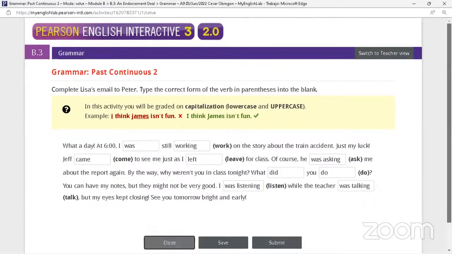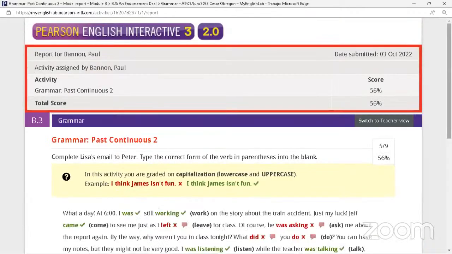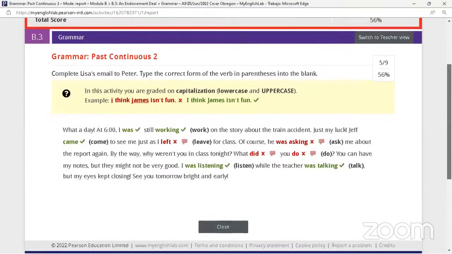Okay, so are you ready? Yes, let's try it. So I left for class. In this case, we can use the continuous form. He was talking to me.